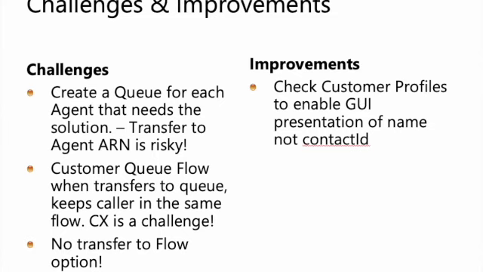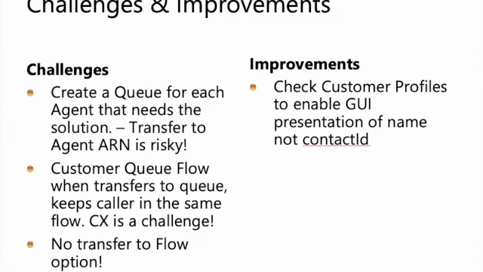And that itself was pretty tricky because in the customer queue flow, when you transfer to queue, you're basically dequeuing from one queue and queuing to another, but it's going to stay in the same contact flow. And that means the same messages and the same loops, etc. And you've got the additional problem of you're using that flow to do the logic of claiming and routing.